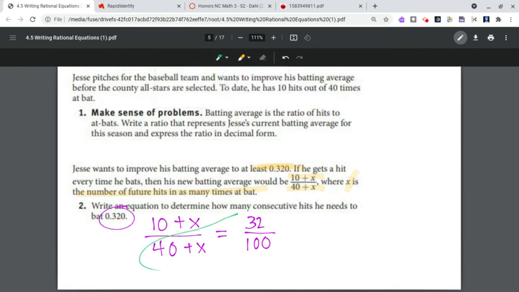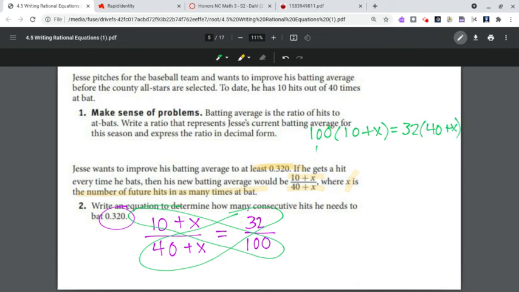So I'm going to cross multiply here and here, which creates the equation 100 times (10 plus x) equals 32 times (40 plus x).